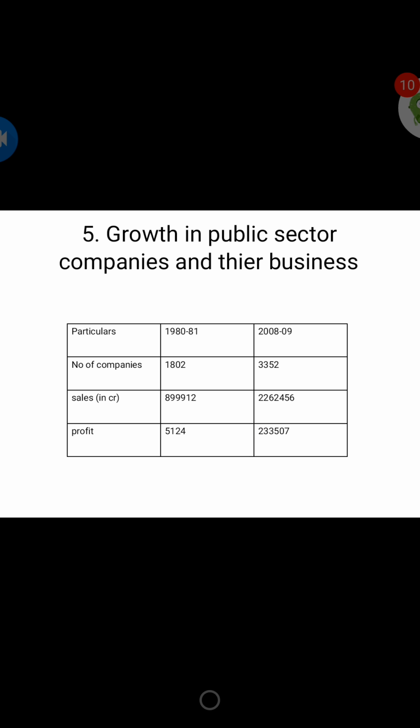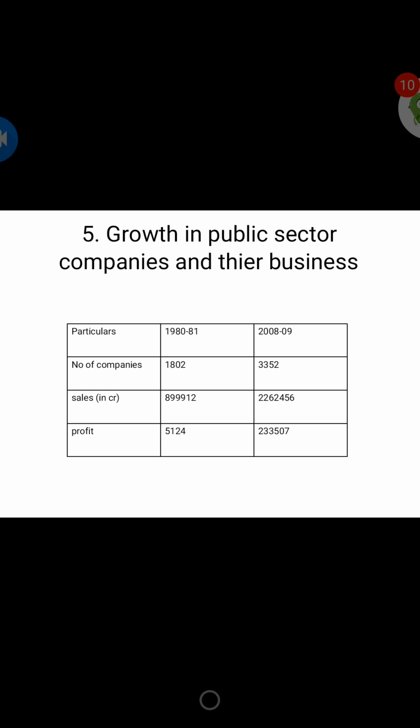Here, in the growth of companies, the number of companies was 1800 in the 1980s and 81. In 2008-09, it increased to 3352. Sales in crores were 8,99,912, which increased to 22,62,456.